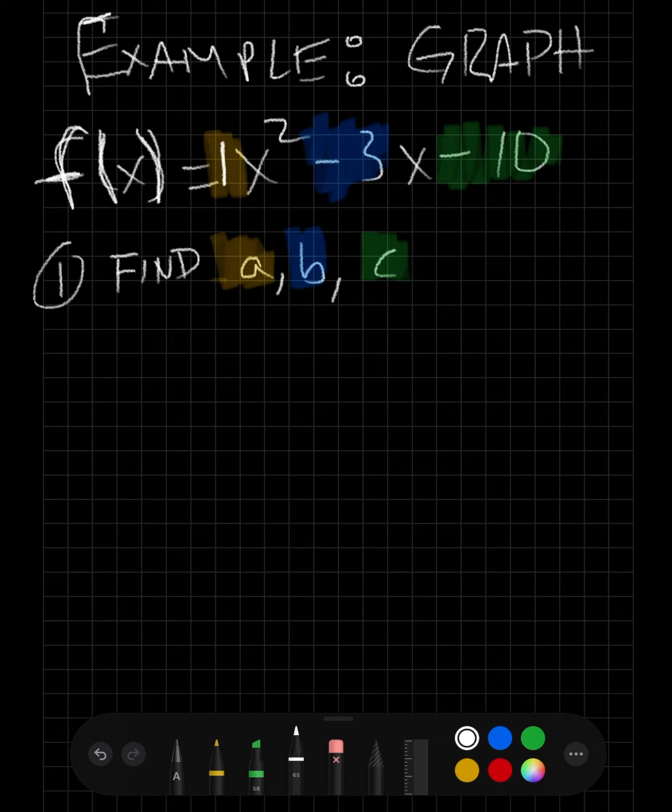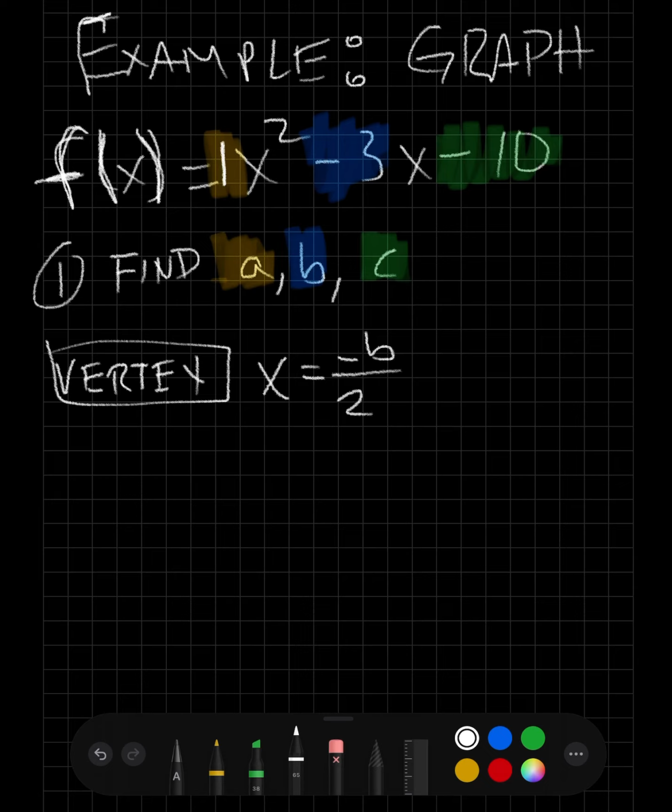And I'm going to start off by finding my vertex. I know that my vertex is at the point x is equal to -b divided by 2a. So what I'm just going to do is plug in my b value here and plug in my a value here. So my b value is -3.